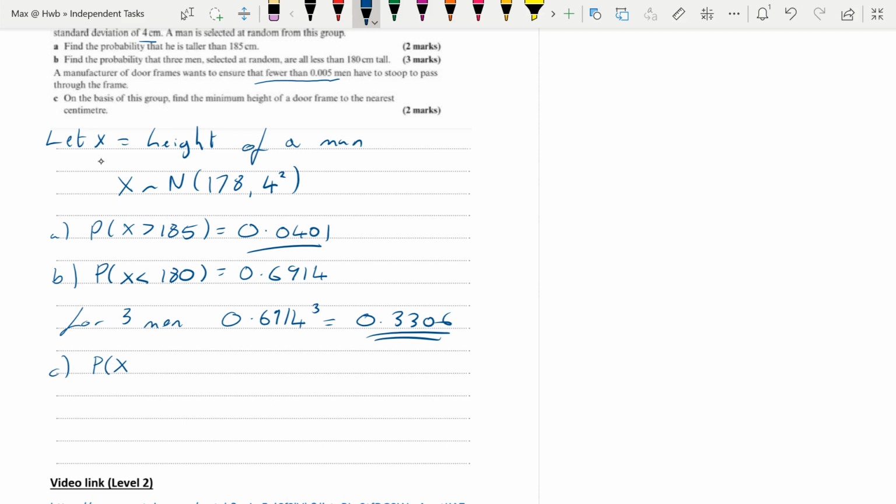The probability that x needs to be bigger than some height, just to make sure no one needs to stoop down, needs to equal 0.005. Okay, and I'm going to do my normal thing. So it needs to be less than to do inverse normal, so that'd be 0.995. And then I can go straight to my calculator. It's going to give me x is 188.03, and it wants it to the nearest centimeter, so it needs to be 188 centimeters.